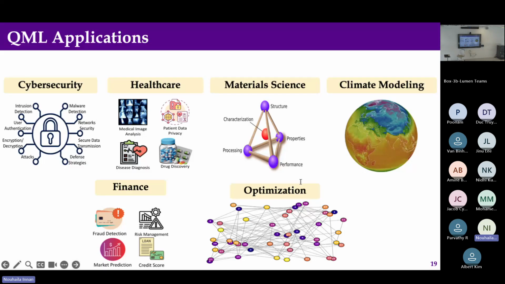And lastly, there are the optimization parts. Here also there is some potential. It can be used in the fields that I mentioned before, but it's more in the transportation part. Like we have the vehicle routing problem, the traveling salesman problem, and many things.